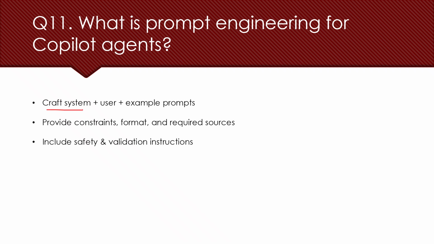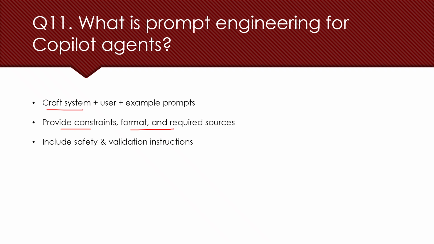In Copilot agents, you will use system prompts to set role and constraints, user prompts to capture intent, and examples or templates to show the desired output structure. A good prompt specifies the tone, length, and formatting, and instructions for the model to cite sources or verify facts when possible.